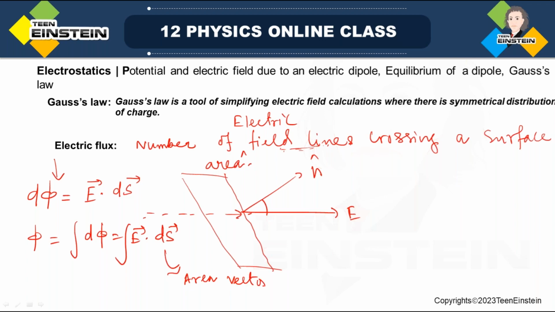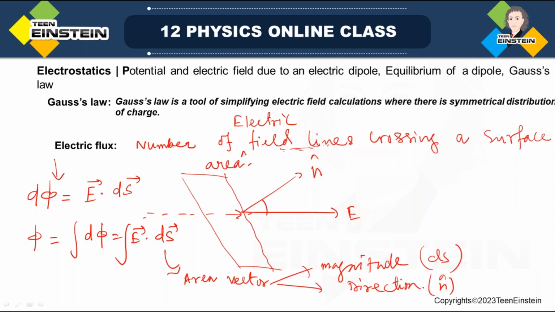That means area has both magnitude and direction. The magnitude is just the value of the area, and the direction is actually the n cap, the normal to the surface area. But which direction should we take for the normal?